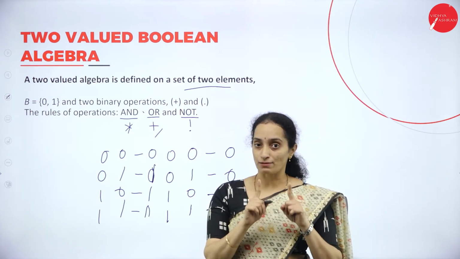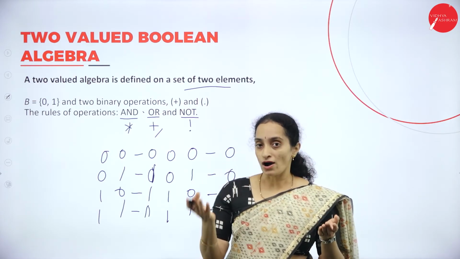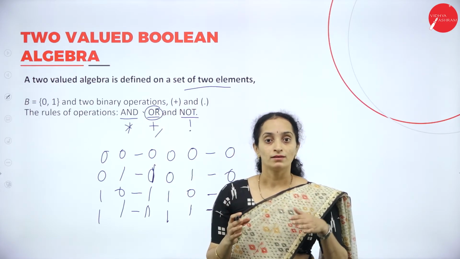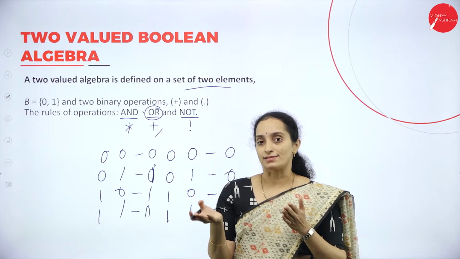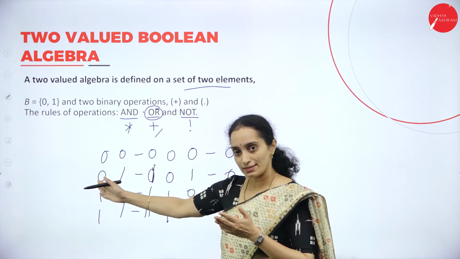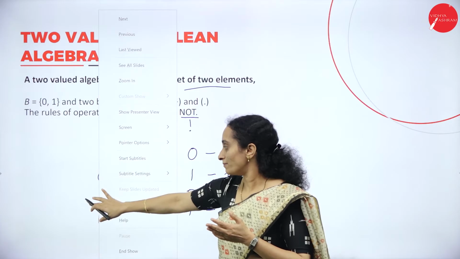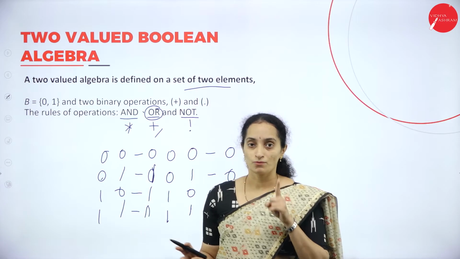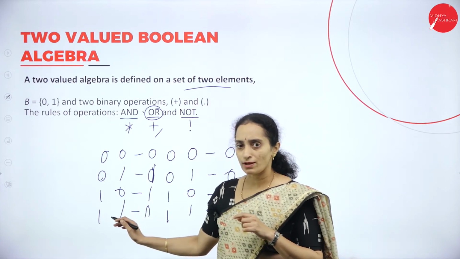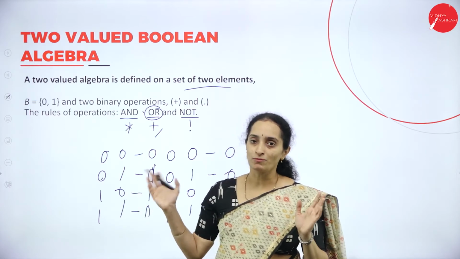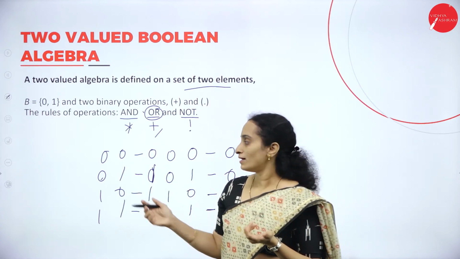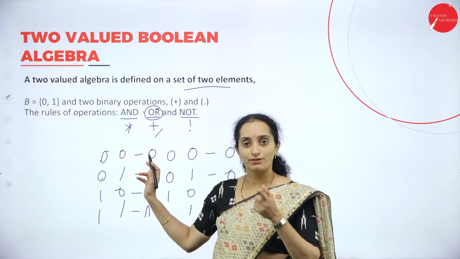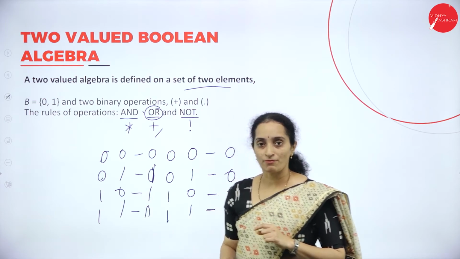If any one becomes true, either this or this, that is why it is called the OR operation. Either this must be 1 or this must be 1, and the result will become 1. When both are 1, no problem, obviously it is 1.